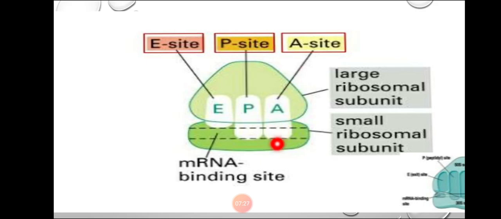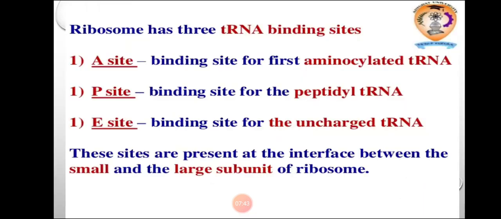P site means peptidyl tRNA site, A site means aminoacyl tRNA site, and E site means exit site. The A site is the binding site for aminoacylated tRNA, the P site for peptidyl tRNA, and the E site for the uncharged tRNA. These sites are present at the interface between the small and large subunits of ribosomes.